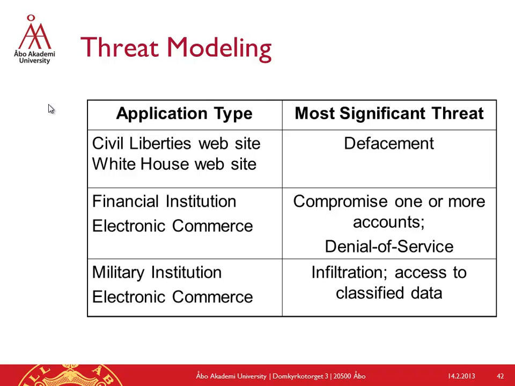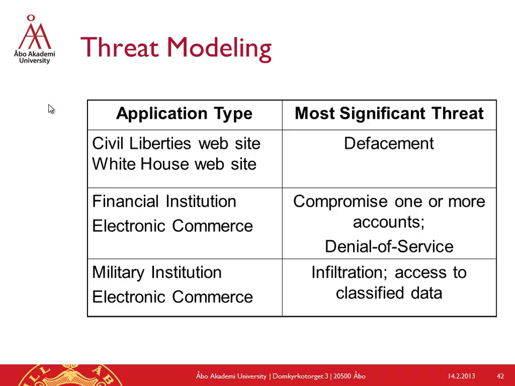With this slide, I can provide you some sort of table with application types and the most significant threats for each application type. So, for example, for financial institutions or electronic commerce, the main threat is the compromising of one or more accounts, because if an account has been compromised, someone can use it for their own needs, buying something from another person.